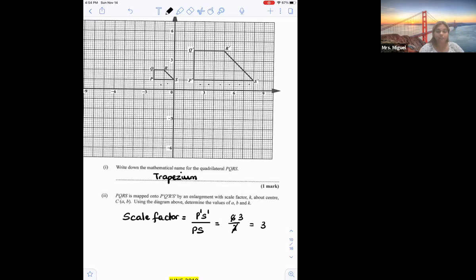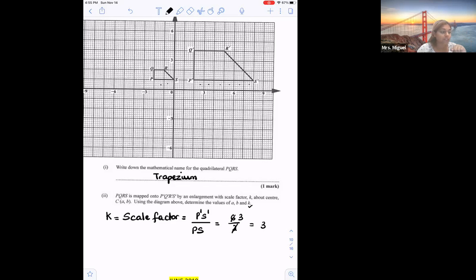The scale factor is 3. So here I would have scored 1 mark, because if you look at that small trapezium, it is enlarged by a scale factor of 3, meaning that each length is multiplied by 3 to give me my new diagram, right? Now, that will give me K. So K is the scale factor.